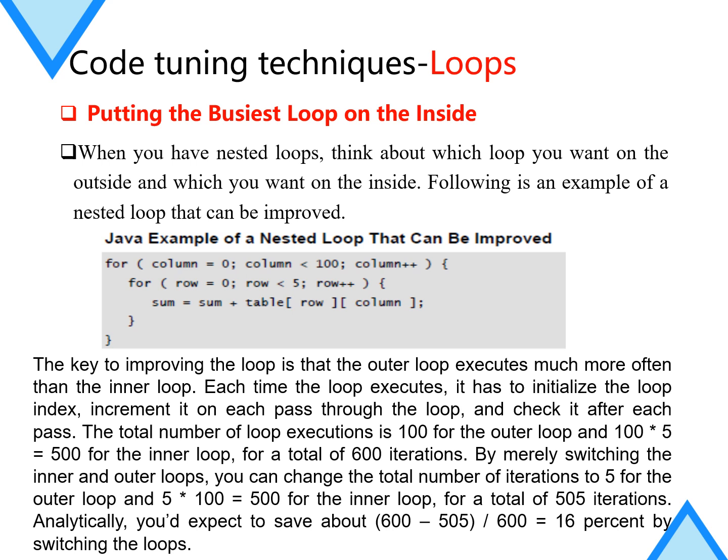So analytically, you expect to save about (600 minus 505) divided by 600. So mathematically, we can save 16% running time of the loop by just switching the position of the loops. So this simple technique tells us we must keep the busiest loop as the inner loop.